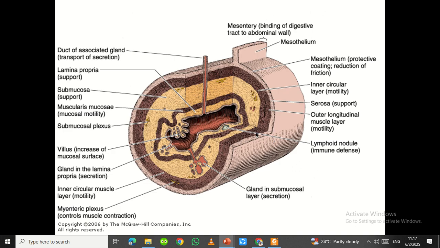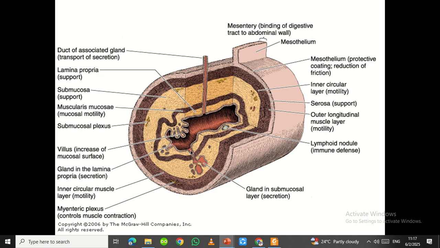Right, this is another schematic diagram that is going to help us to see the layers. You can actually see the folding in the epithelial lining, and you can appreciate some glands bridging into the submucosa, right.